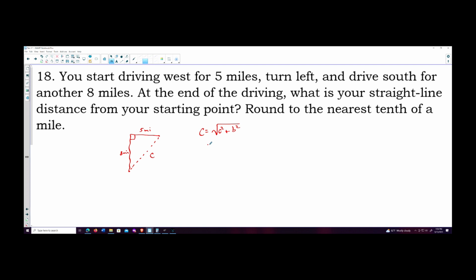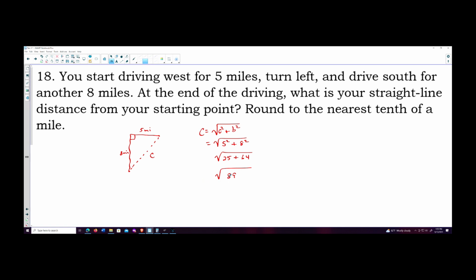So that is 5 squared plus 8 squared. That's 25 plus 64. That's 89.